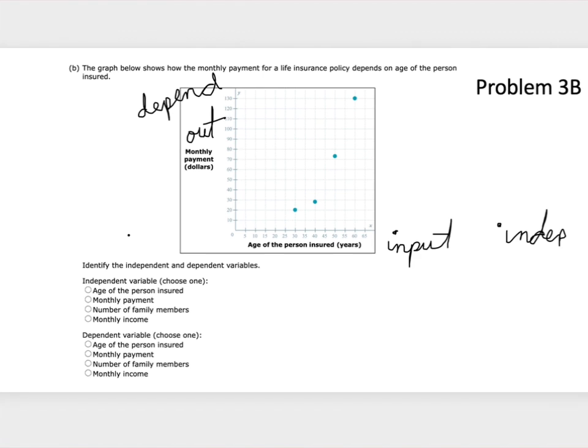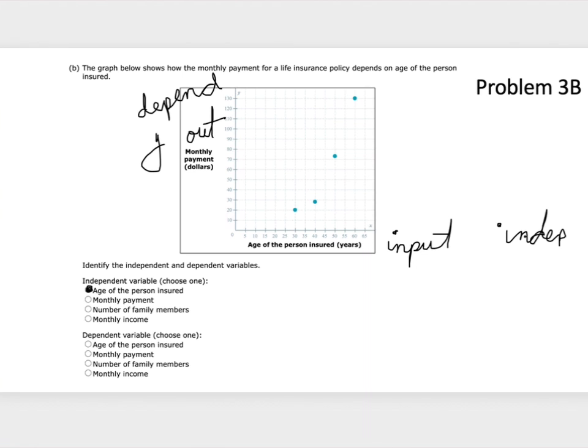Okay, so it says the independent variable is this one down here, the input, age of the person insured. Yep, that's what the input is. Okay, the monthly payment is the output. The number of family members is not mentioned. The monthly income is not mentioned. Dependent variable is the output, or the Y. Okay, so this is the Y, the output, the dependent variable.